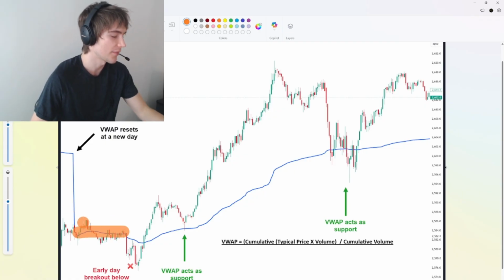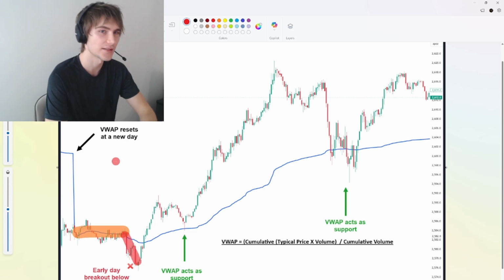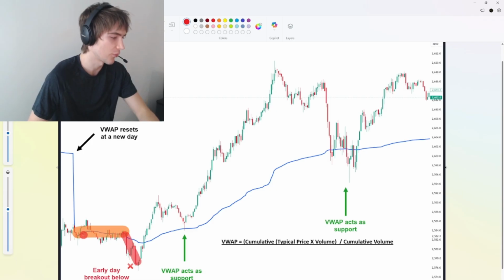Typically, when VWAP fails to hold, you're going to be getting a very sharp downtrend. They always say escalator up and elevator down, and that is very true. So VWAP was a resistance early in the morning, failed to hold above, and you can look for a short position using VWAP as your anchor point for a move to the downside.